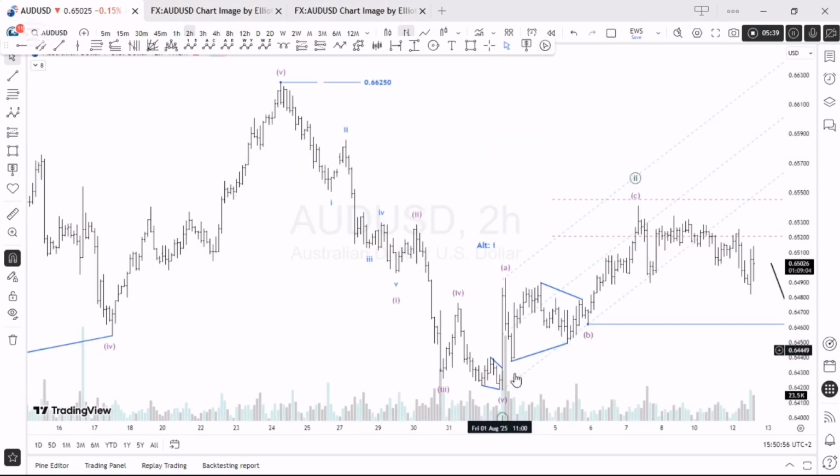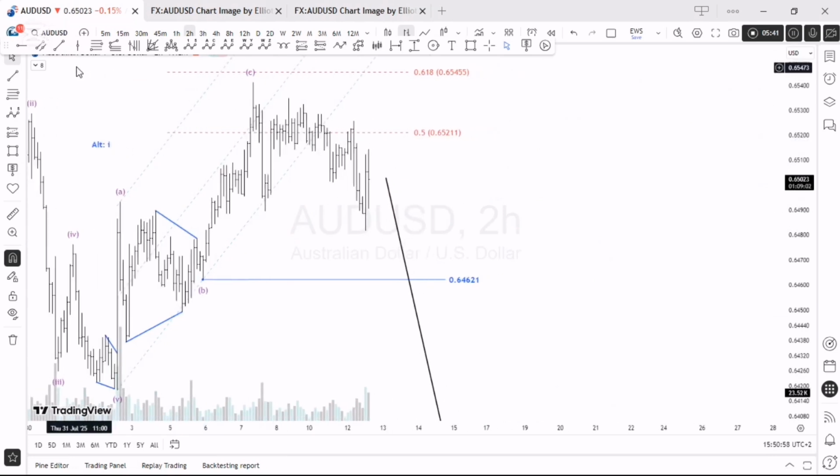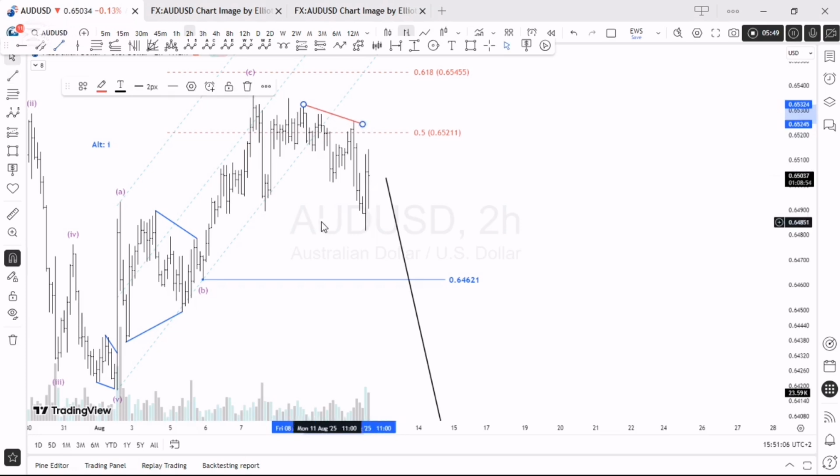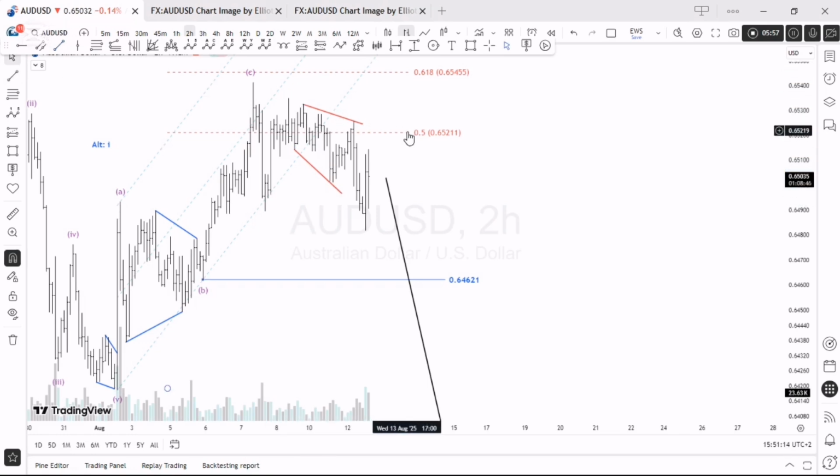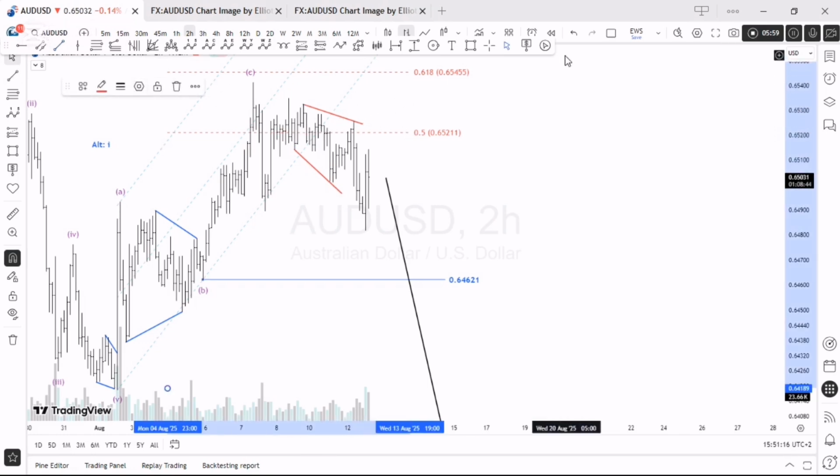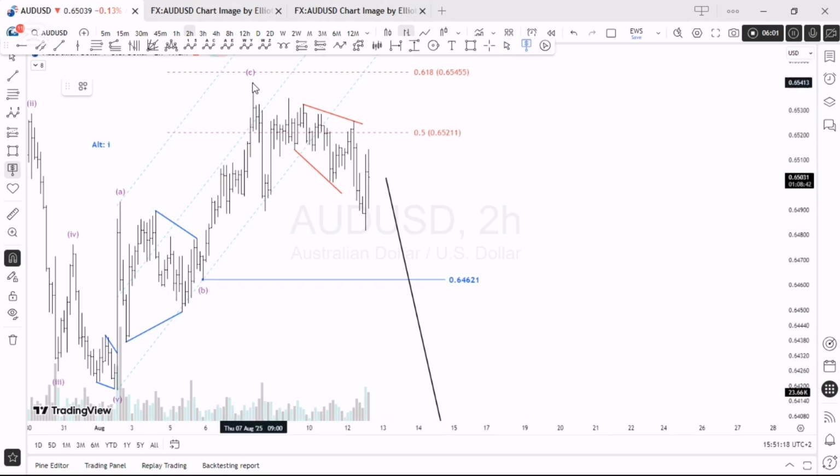So let me just go to lower time frames quickly. I think we have something of this nature here. Maybe say that's 1, 2, and then right here we have 1, 2, 3. Okay, yeah, I think we have something like this. So the definitive high in this case would be this level.